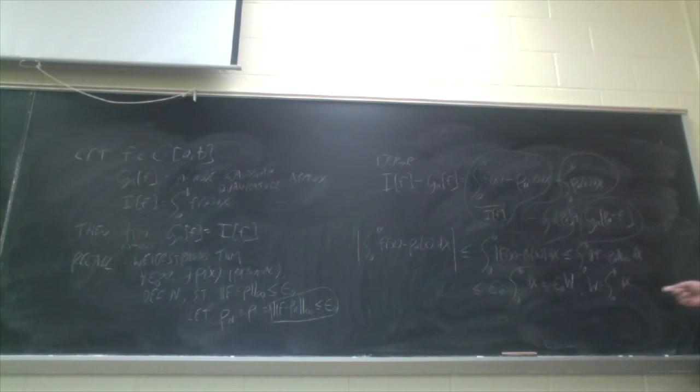I would have capital W being the integral from a to b of the weight function. So here I have an implied weight function of 1. If you have a weight function w of x in your integral, the entire proof will be exactly the same. It's just that capital W is now the integral of that weight function.